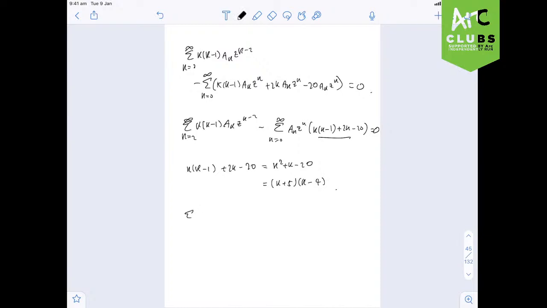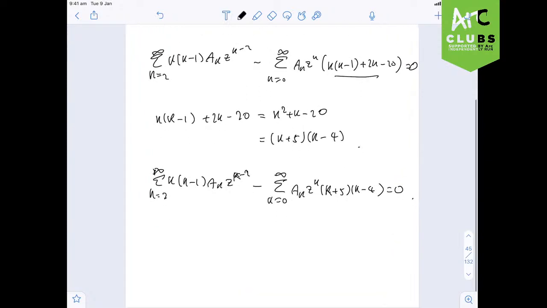So we have the sum minus the sum. Now we can actually simplify this further. If we change this index, shift it by 2, so that k starts from 0, we can add these two sums, like we did before.